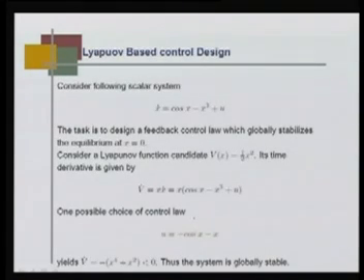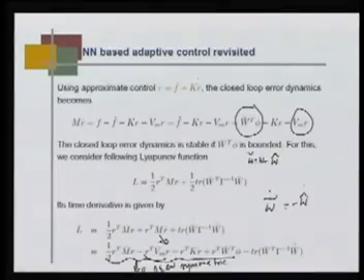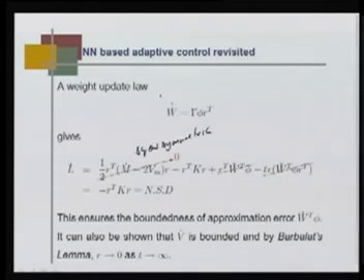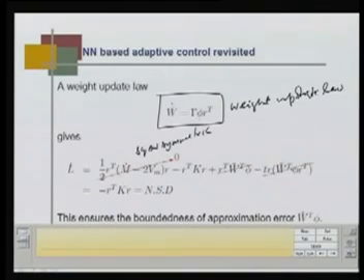What we showed is a neural network based direct adaptive control, where my control law is given by this particular expression and my weight update law is w hat dot equal to gamma phi r transpose.